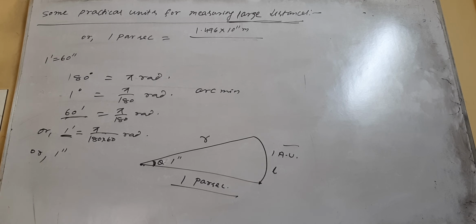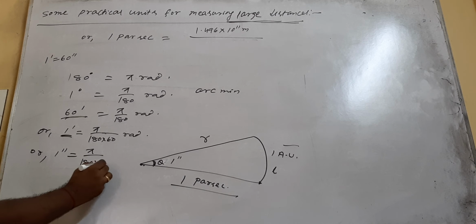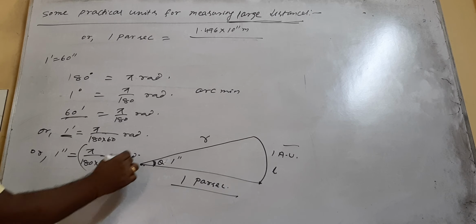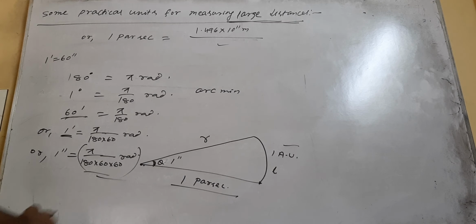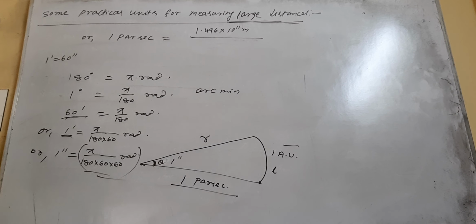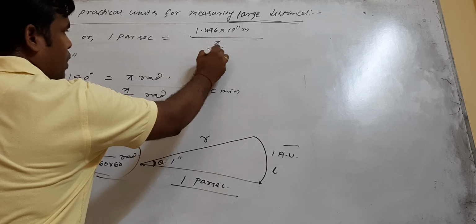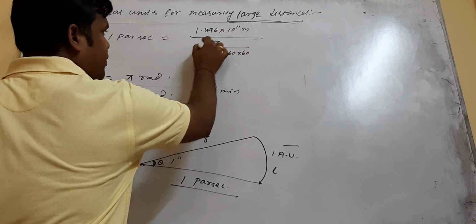So 1 second of arc is pi by 180 into 60 into 60 radian. You put this value in this equation, because in the denominator we have 1 arc second, that is pi by 180 into 60 into 60.